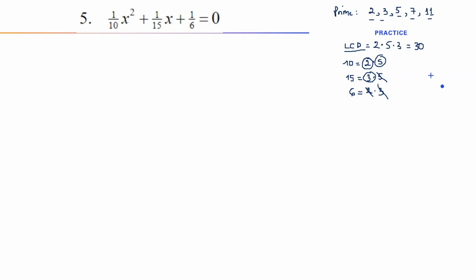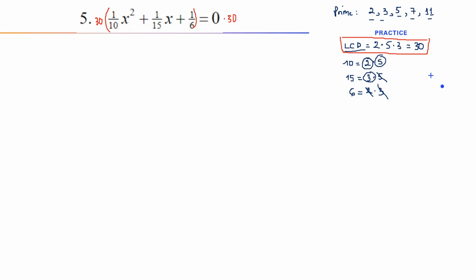Now we multiply both sides by 30, where the 30 is the least common denominator.